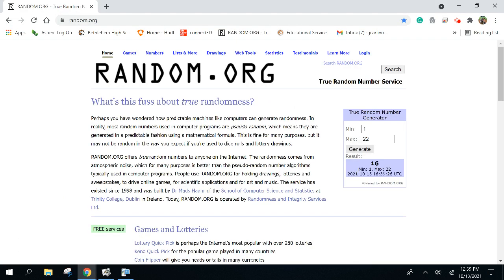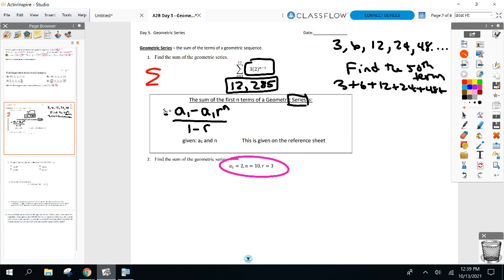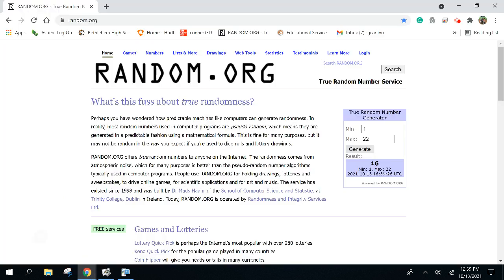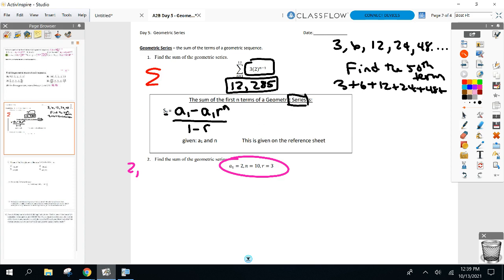A1, they're giving me the first term in this sequence, which is what? 2. All right, let's keep going. Perfect. n equals 10. That tells me I'm about to add up 10 terms in the sequence. The first 10 terms.